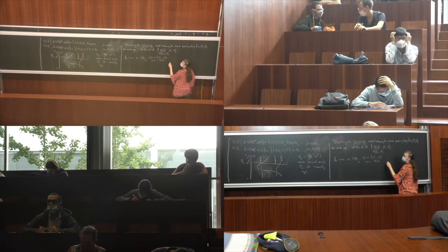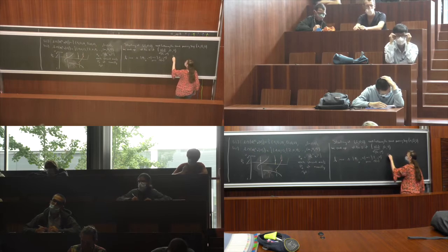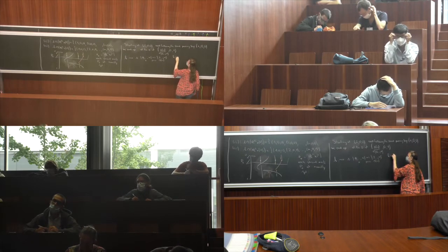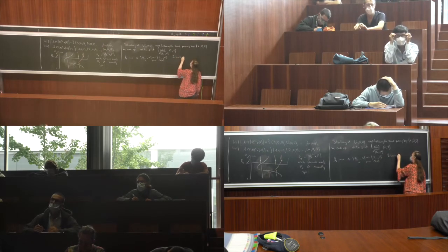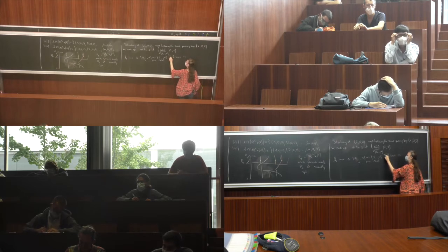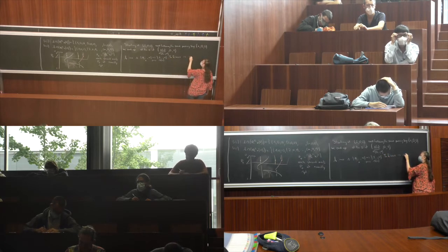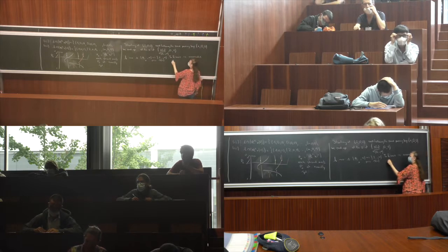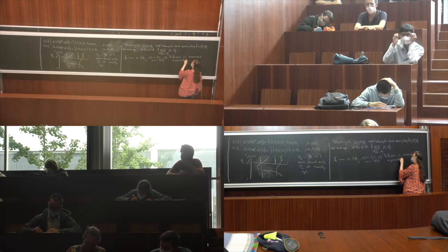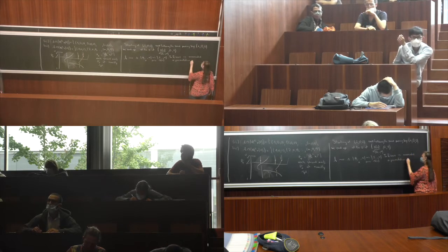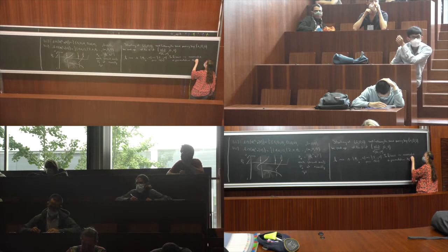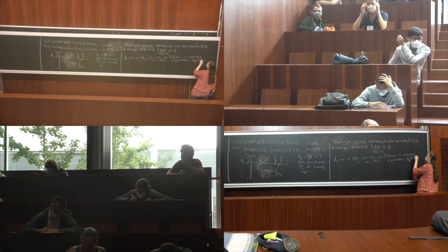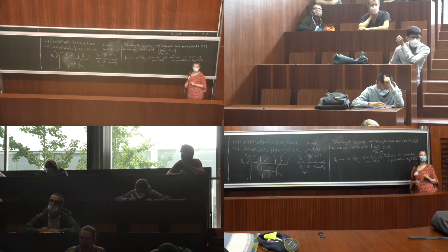So this way, you associate to any braid a permutation, let's say s_B, from the permutation group.